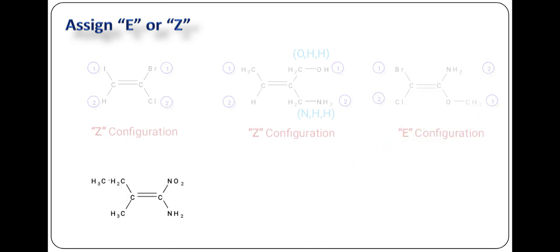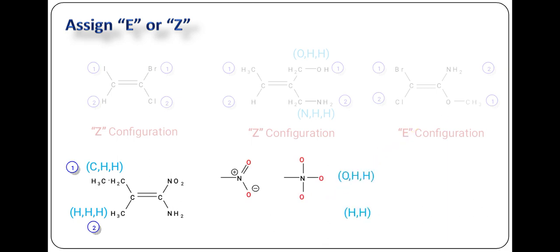Then the next example, CH2CH3 and CH3, so priority goes to CH2CH3 first and then CH3. Then in the other pair, NH2 and the other group, the priority goes accordingly, so both first priority groups are present on the same side of the olefinic bond, so the configuration is Z configuration.